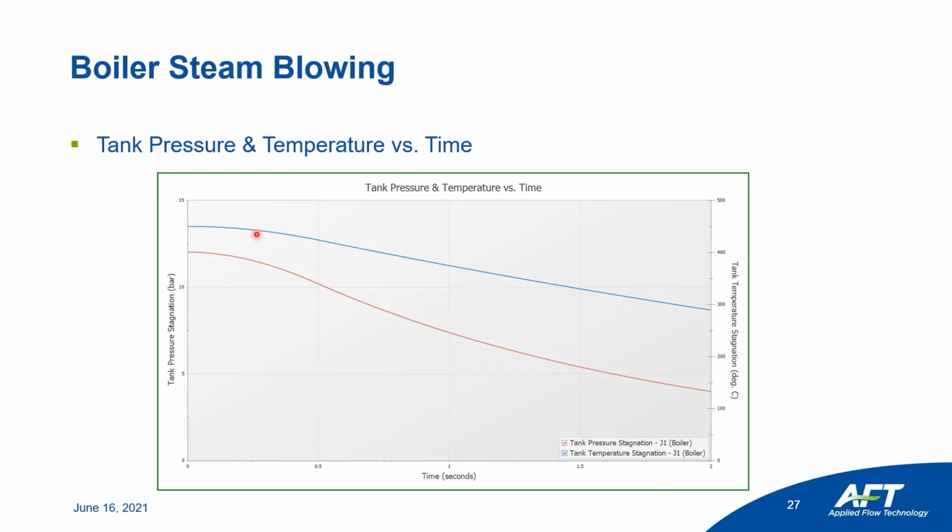It moves from 14 bars down to 4 bars in 2 seconds, and the temperature goes down from almost 410 degrees Celsius down to 280 degrees Celsius in 2 seconds. You can graph this and observe how the operation takes place and how the relief of the boiler happens as time passes during the steam blowing.